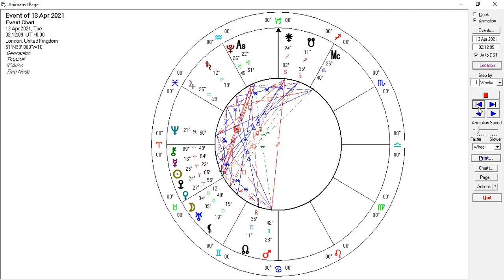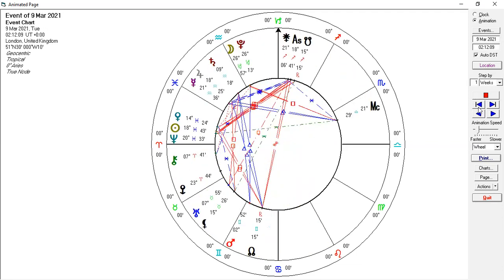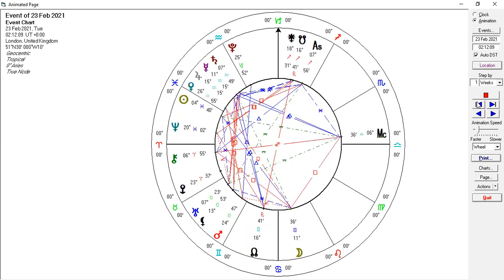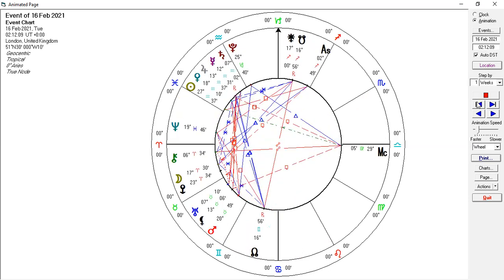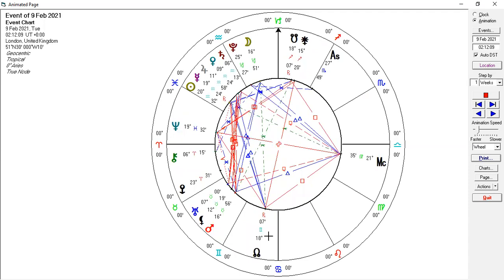So if we go back weeks, to 2nd of March, 23rd of February, so let's take this to the 9th of February, we can see that Mars will be moving over the North Node as well. So maybe there's something about direction there. Who knows? But we definitely need some change.